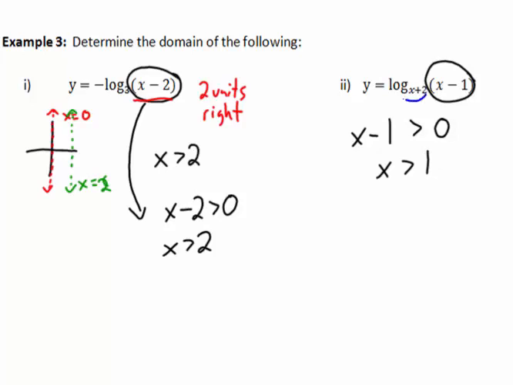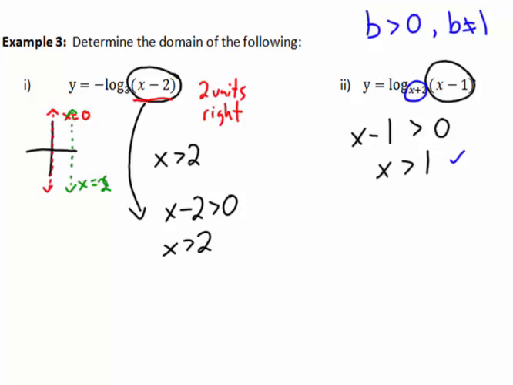Now there's only one other piece we have to consider in an example like this. We also have an x in the base. And if you remember, the restriction on the base is that it must be greater than 0 and it must not equal 1. Anytime we're dealing with a logarithm, we have to consider both base and argument. So we have one criteria here of x must be greater than 1.